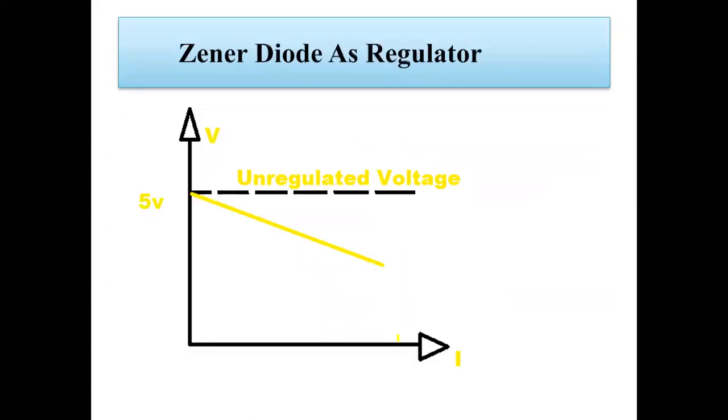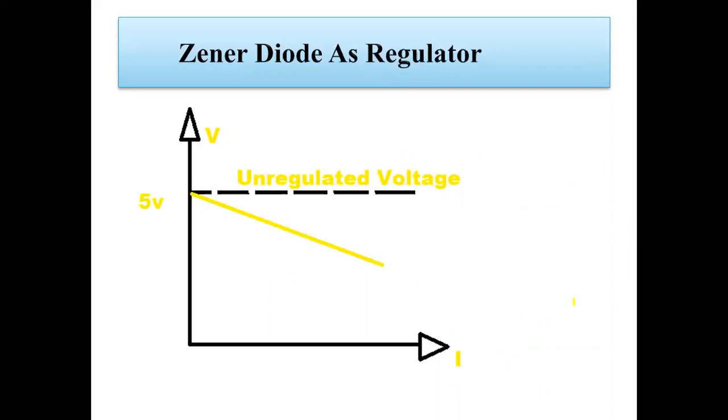With the help of this graph, we can show that the voltage is proportional to current, and if the voltage is decreased, then the current will be decreased.